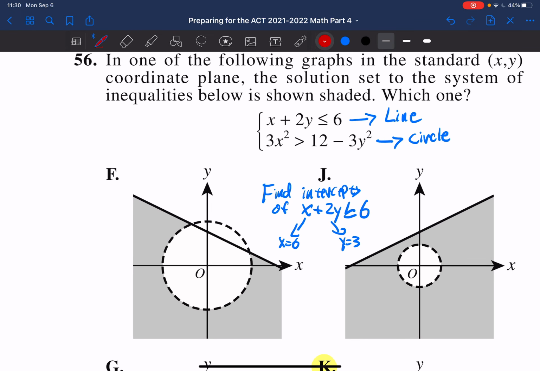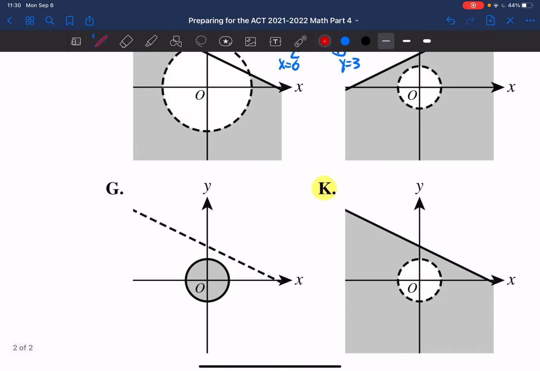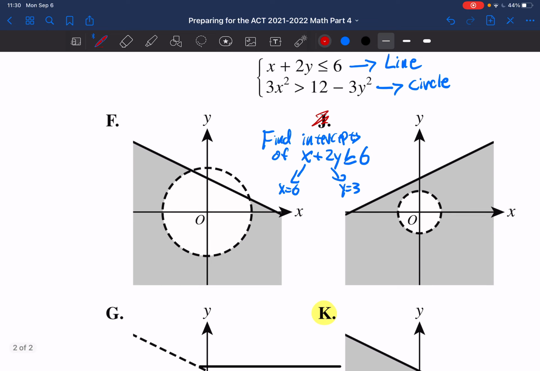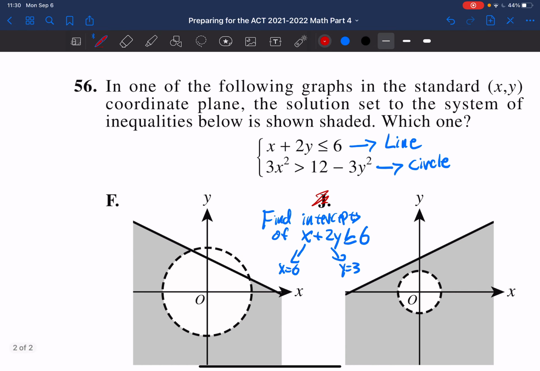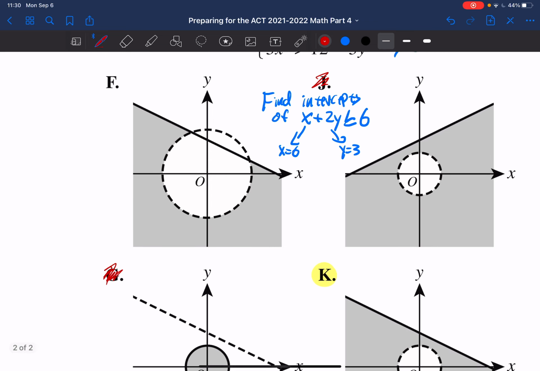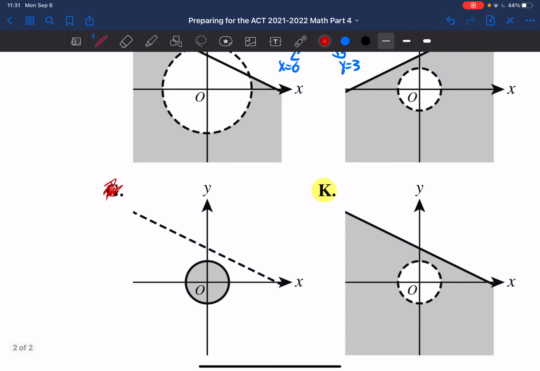Well, J doesn't work. All the others work. Now, we also know about the line that it's less than or equal to, meaning that it should be solid, which means we can cross off letter G. So now we're down to F, we're down to K, and we're down to H.